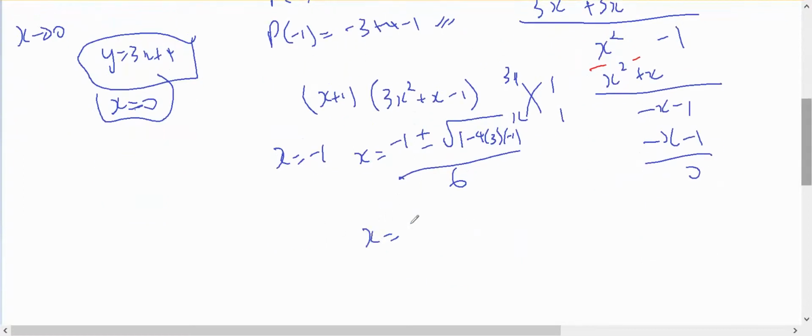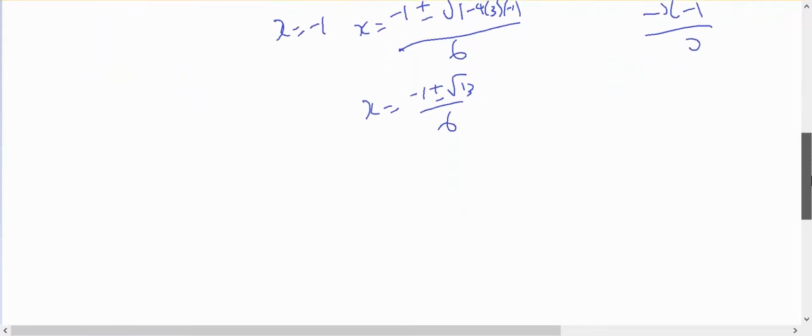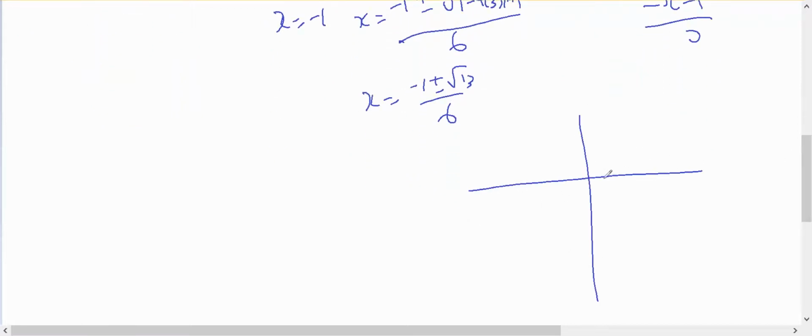So I get x equals minus 1 plus or minus root 13 on 6. So negative 1 plus root 13 on 6, negative 1 minus root 13 on 6, and negative 1 are my three intercepts.